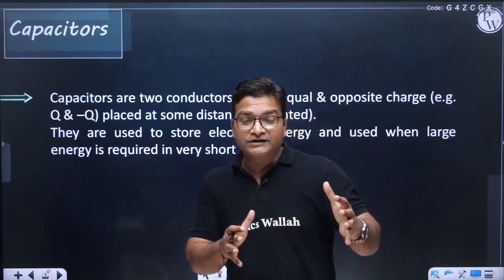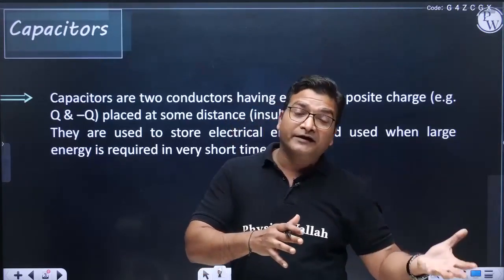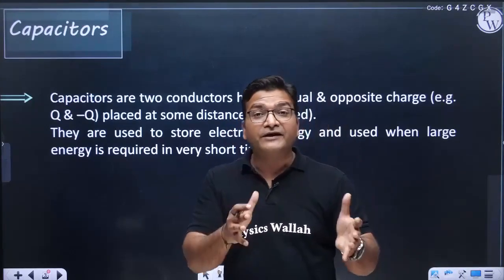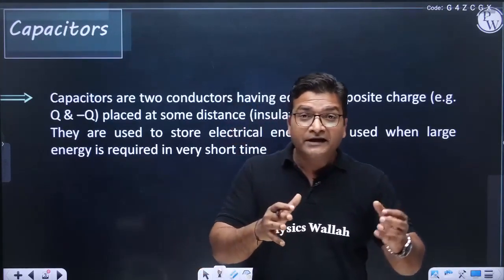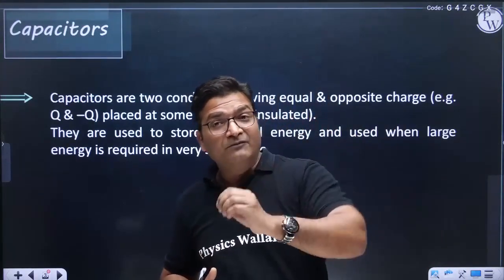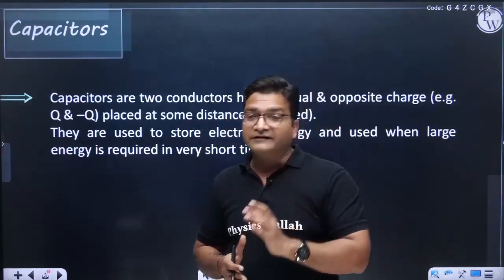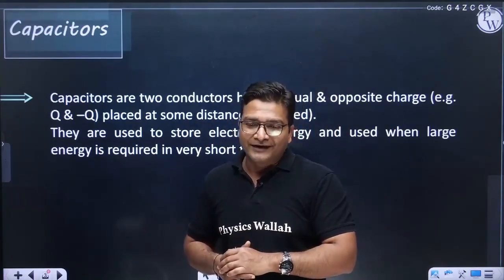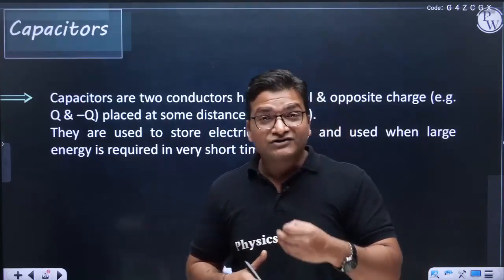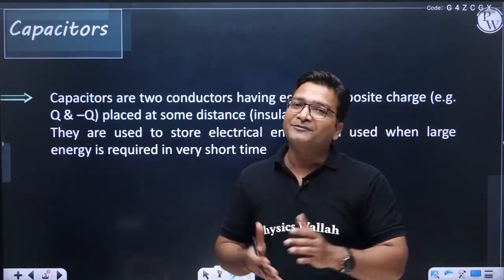The whole energy that the cell provided in say 4 or 5 seconds is dissipated in the same flash bulb within milliseconds or microseconds. That is the reason the flash glows at a very high brightness.